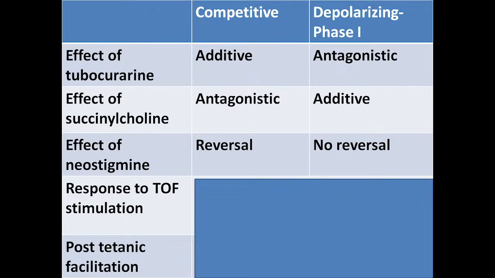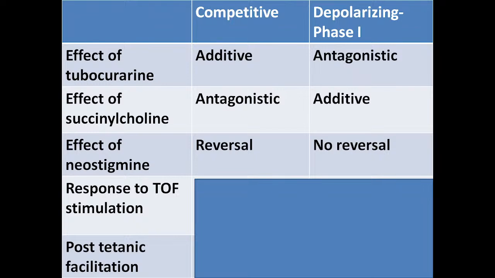In any case, the prejunctional ones are inhibited, but when you are giving fast stimulations, because the prejunctional receptors are also getting stimulated, there is depletion of acetylcholine. If you were giving slow contractions, the acetylcholine buildup would catch up with the stimulation. But when you're giving fast stimulation, there is less acetylcholine release because of the prejunctional receptors, and there is what we call a decreasing response, and this is called fade.